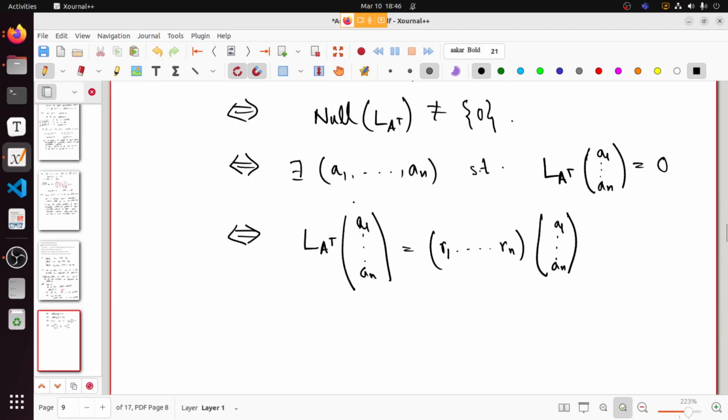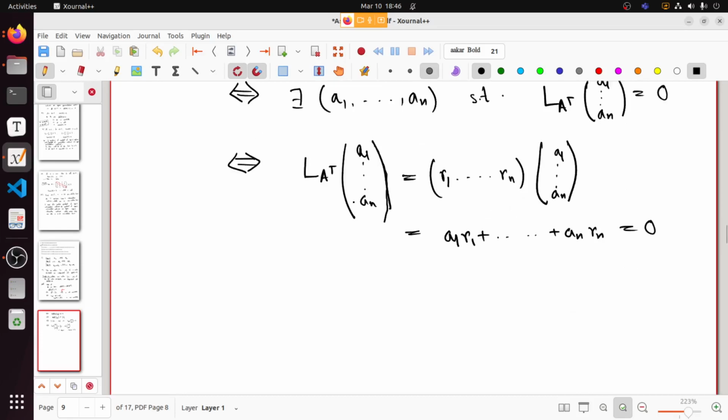So which is the same as a1 R1 plus ... plus an Rn. So this is 0, right? Because L of A transpose applied to the vector is 0. So what is the meaning of this? Where the ai are not all zero, right? Which implies that R1, R2, Rn are linearly dependent.